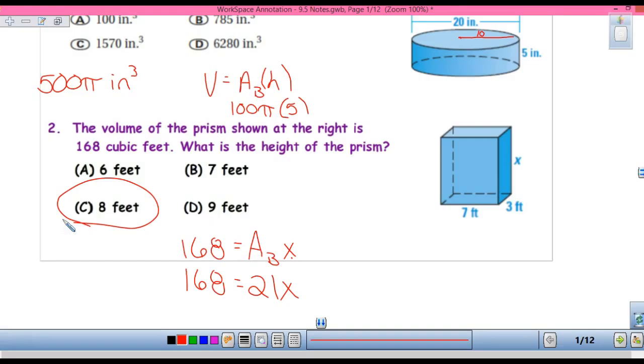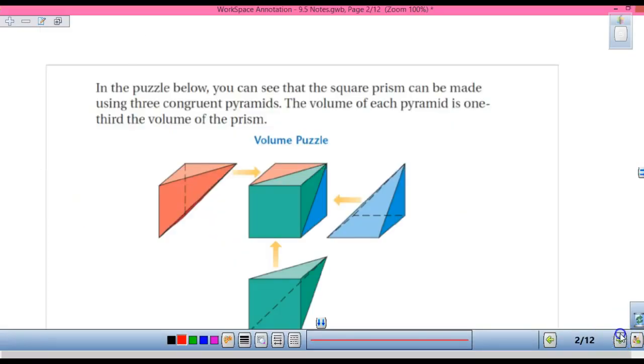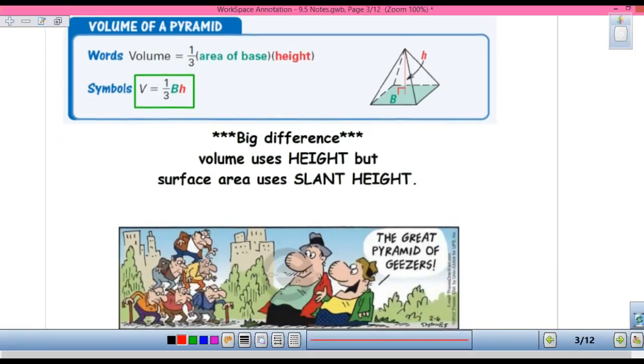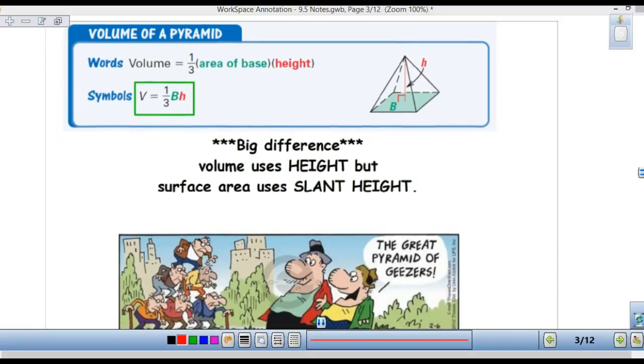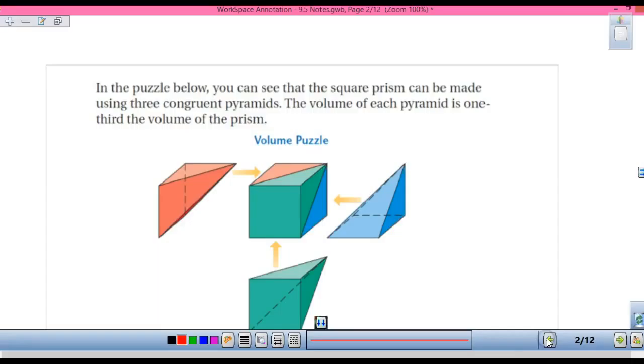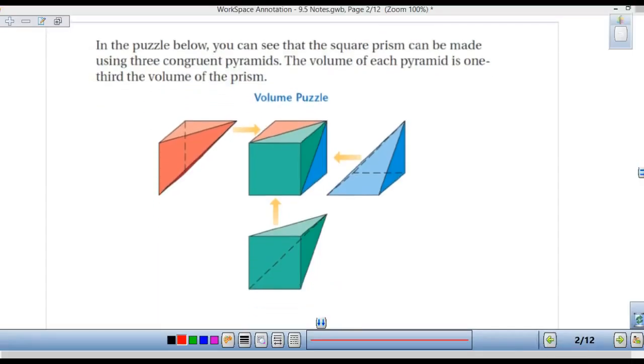Okay. All right. So today we are doing prisms and cones. It is the same thing as when we were doing prisms and cylinders, only if you take pyramids and try to fit them into a prism, you can fit 3 of them in there.